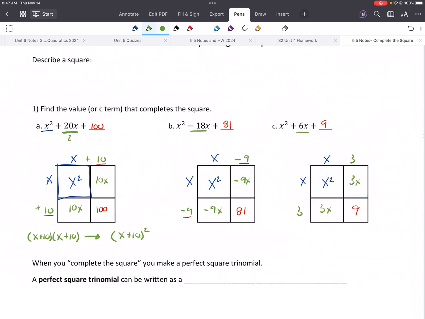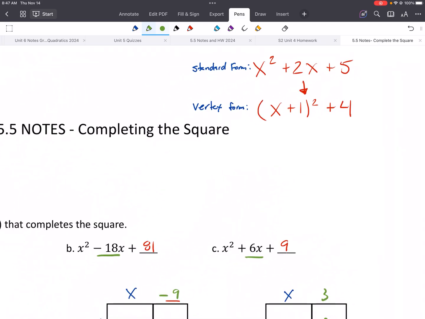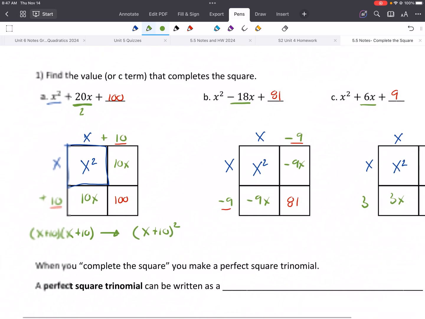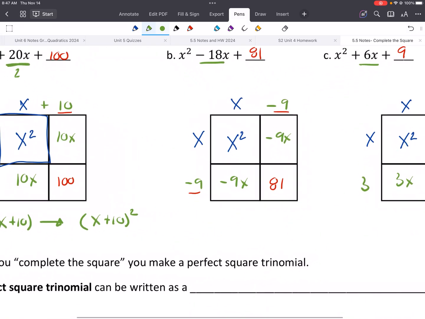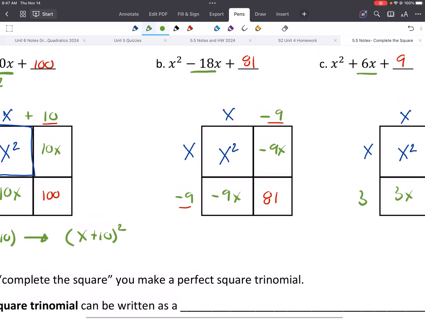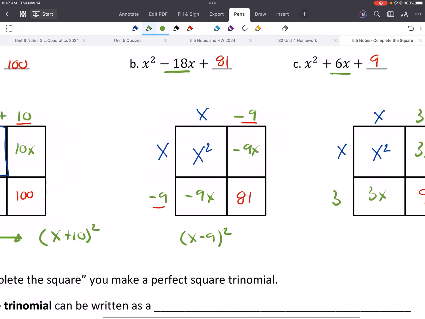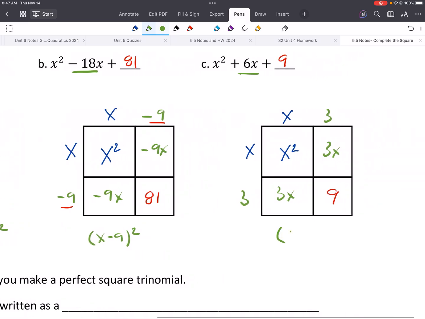So now we're getting to something that looks more like this, where we end up having this squared term, and that's our goal here. So for this one, if we were to rewrite it, this could be x minus 9 squared, and this would be x plus 3 squared.